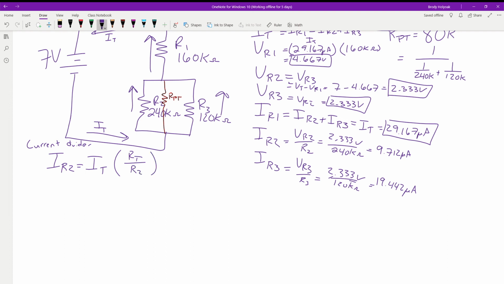So again, we put in the 29.167 microamps, multiply that by the R total, which was 80K, over 240K. And when we plug that value in, what do we get? The 80K is the resistance total of that parallel network.